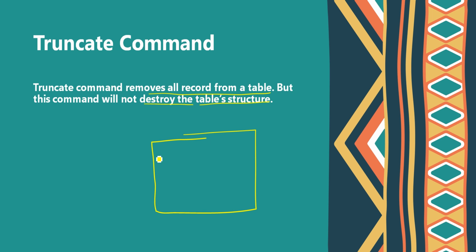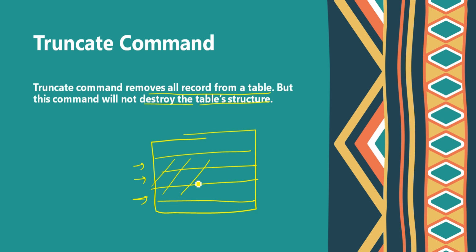Let's say in my table I have 100 student records, and I want to delete all the records, but I do not want to change the structure. I want the same structure, but I want to delete all the data. So I am going to use the truncate command.